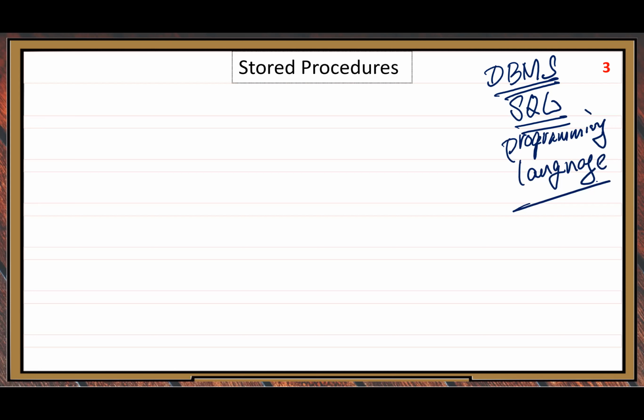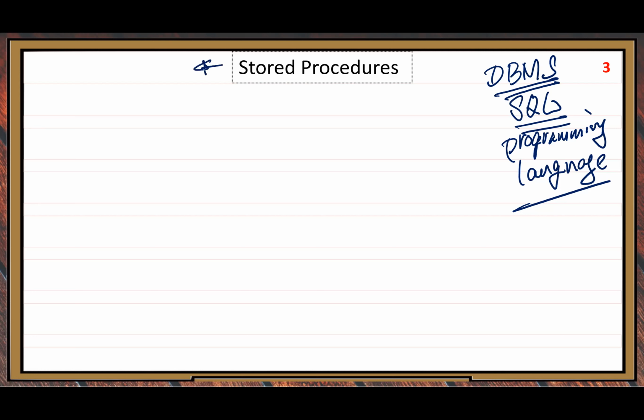Okay. And we can use this SQL programming language. We can write a function definition. It's a procedure, so we call it a stored procedure. A procedure stored in the DBMS. Stored somewhere, right? Where is it stored?